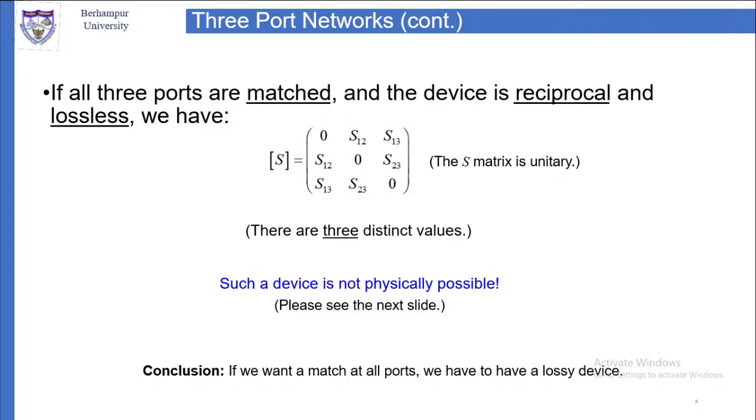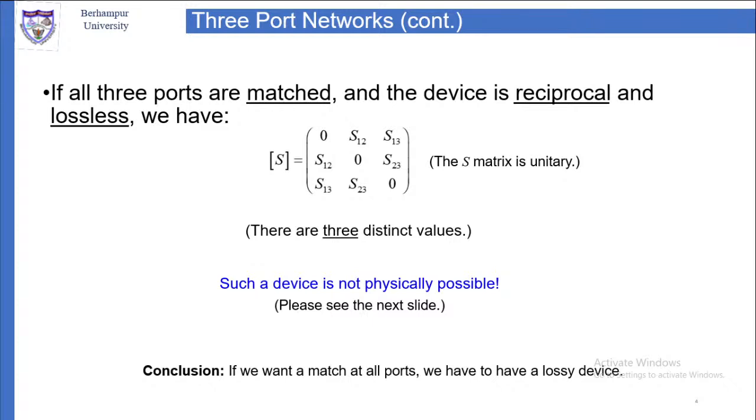If all ports are matched, which means S11 is equal to 0, no reflection. S11 is the reflection coefficient, S22 is the reflection coefficient at port 2, S33 is the reflection coefficient at port 3. Matched means there is no reflection. If there is no reflection, then S11 is equal to S22 is equal to S33 is equal to 0.